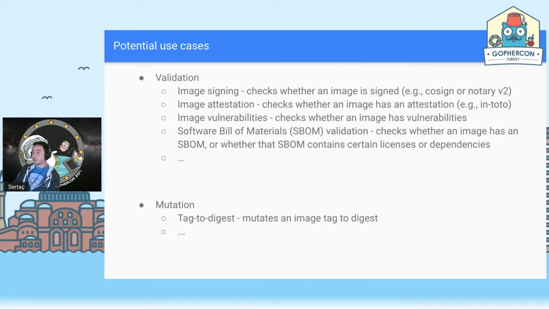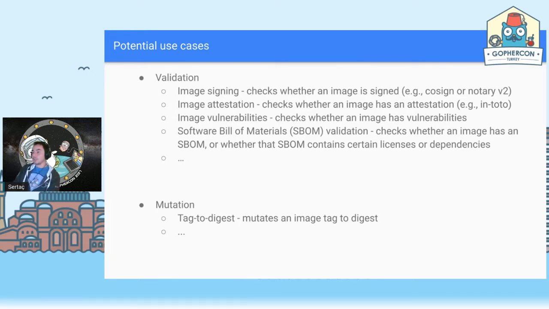Software bill of materials, SBOM validation. If you're not familiar with SBOMs, you can think about it as a sort of food ingredients list, like nutrition facts of a software.